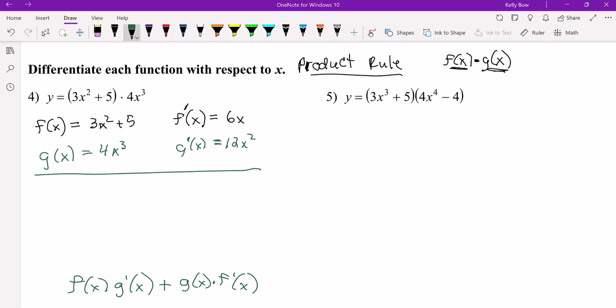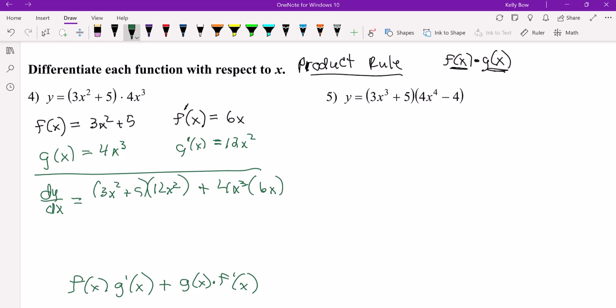All right, so let's come down here and say that the derivative of that product is the f function times the derivative of the g function, so 12x squared, plus the g function, 4x cubed, times f prime, which is 6x.